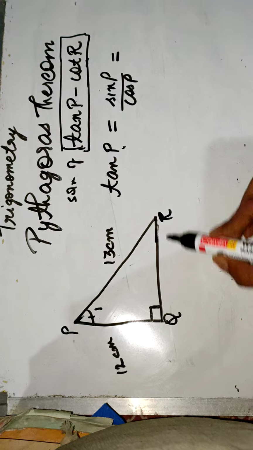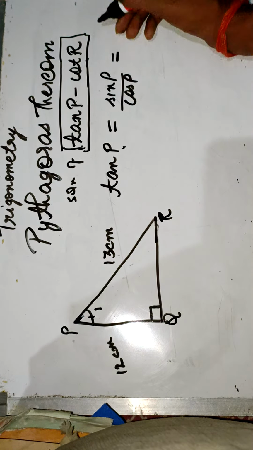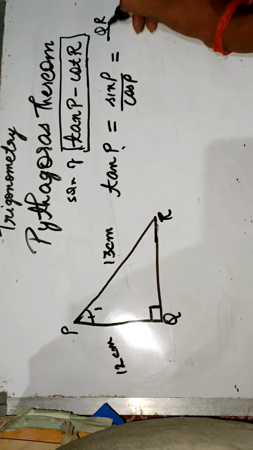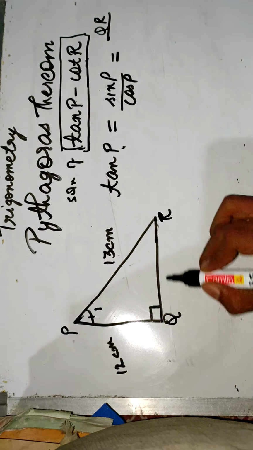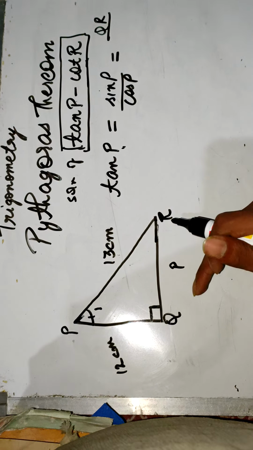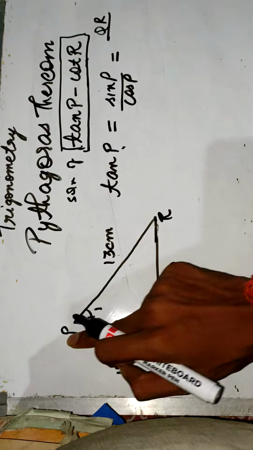That's why sin P will become QR upon the hypotenuse. What will be the hypotenuse? In this particular scenario, this will become the perpendicular. So what will be the hypotenuse? See, this is a perpendicular, and this is a base.